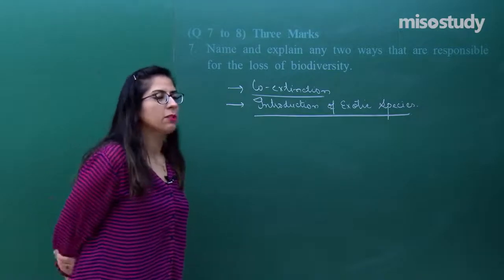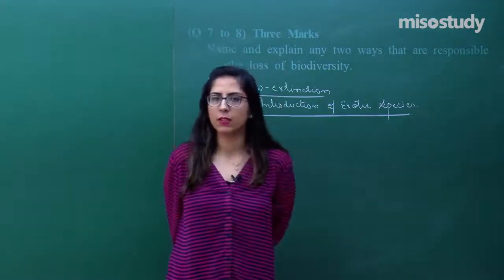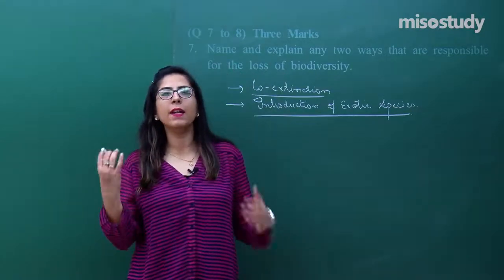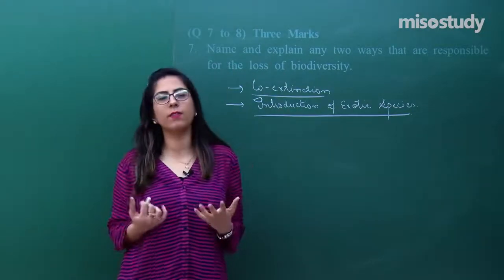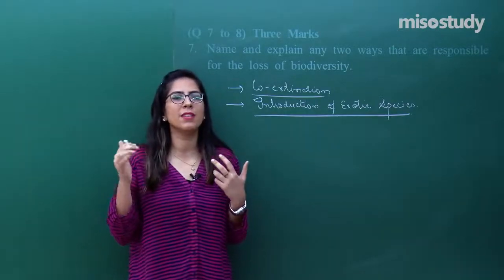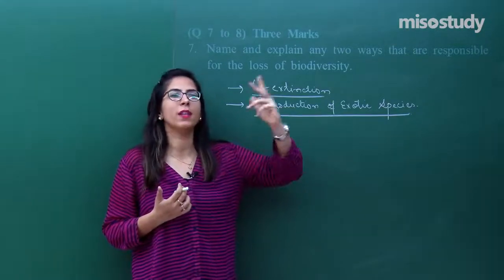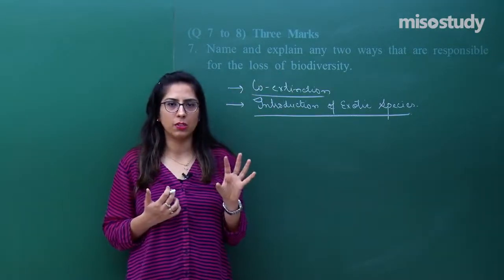So co-extinction means if 2 organisms are in obligate relationship with one another, that means they are depending upon one another. They cannot live without one another. Suppose for some reason some disaster happened, and because of it species one gets eliminated from nature.